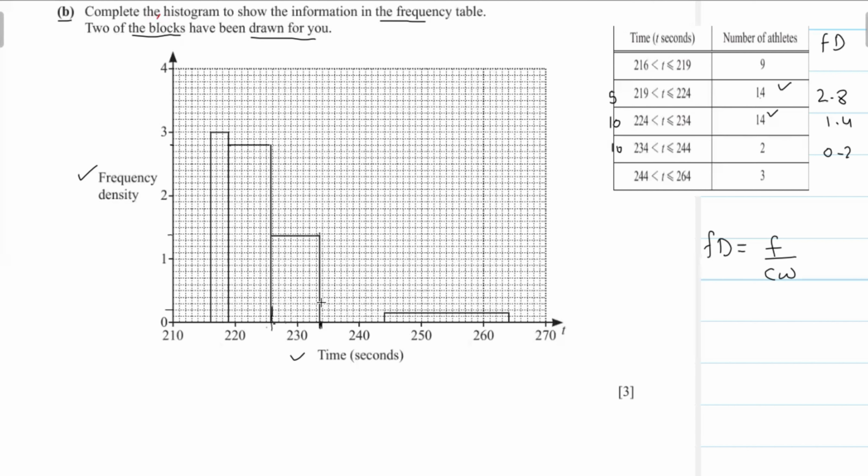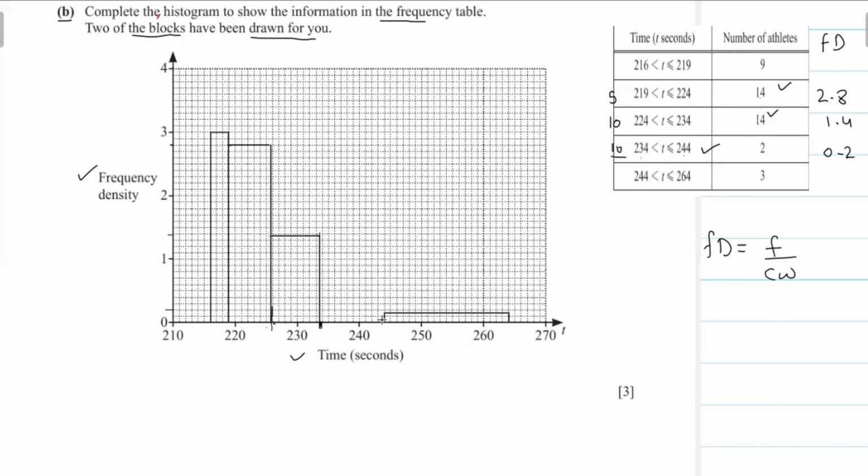Therefore, we join this vertical line to the second bar, and this is the third bar of the histogram. Next is the fourth bar. You see here the class interval between 234 to 244, and the frequency density is 0.2.